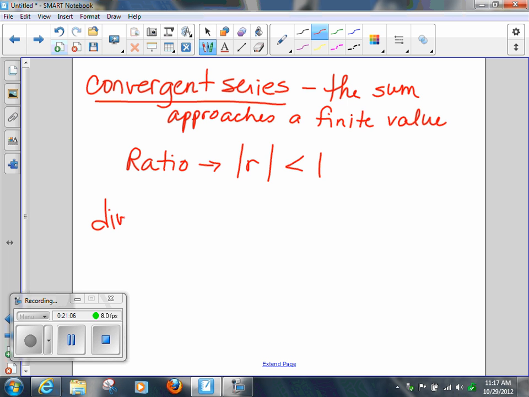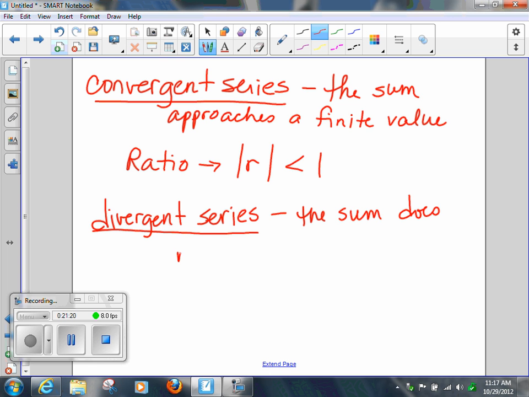The divergent series, the sum does not approach a finite value. It's not getting closer and closer to a value.